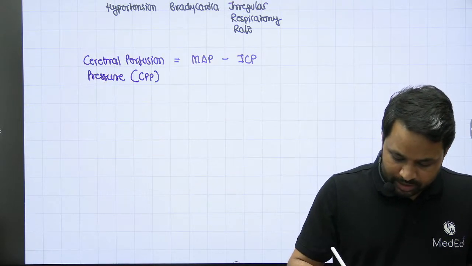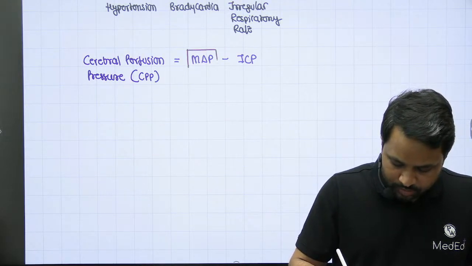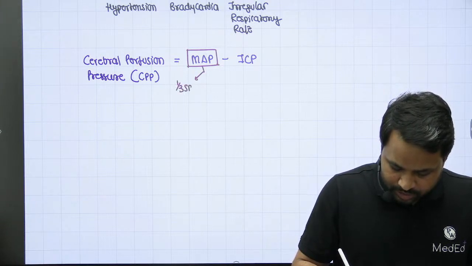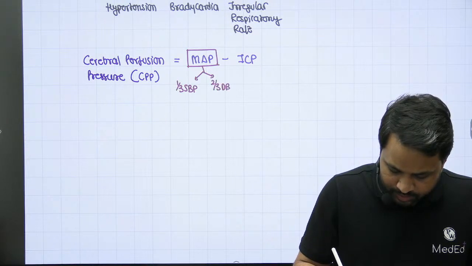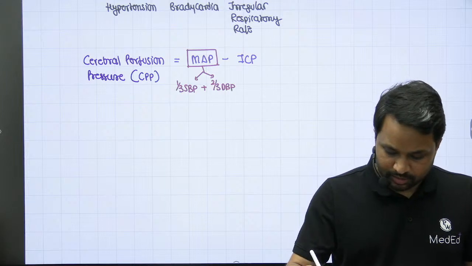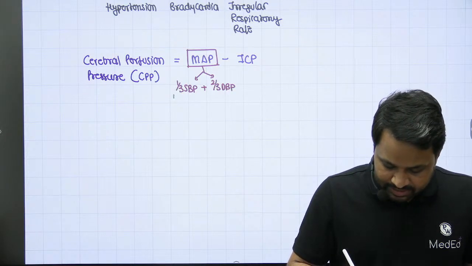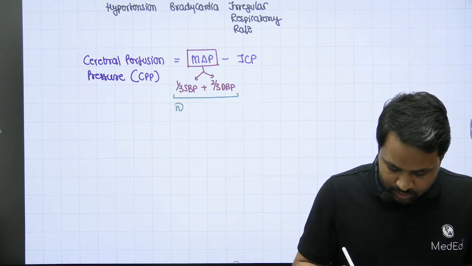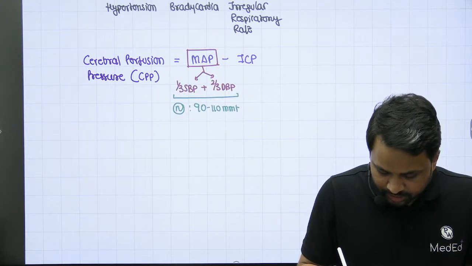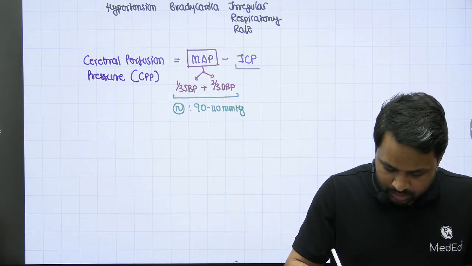We all know the mean arterial pressure is a combination of 1/3 systolic blood pressure and 2/3 of your diastolic blood pressure, okay, with that of the intracranial pressure. So normally the mean arterial pressure which is considered normal is going to be 90 to 110 millimeters of mercury.